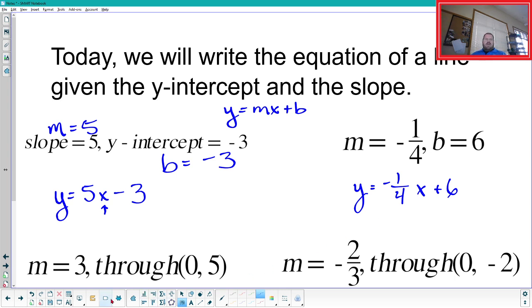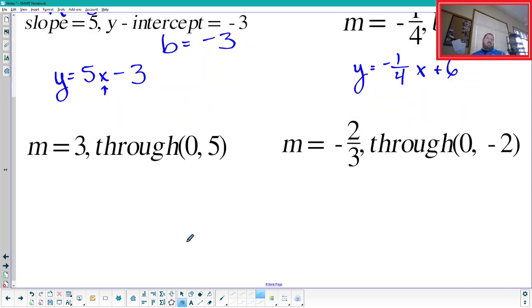Okay. Now another way that I could ask similar problems is I can still give you the m, or I could have said slope here, right? That means the same thing. And then I say it goes through this point (0, 5). Now let's think for a second what the point (0, 5) represents.